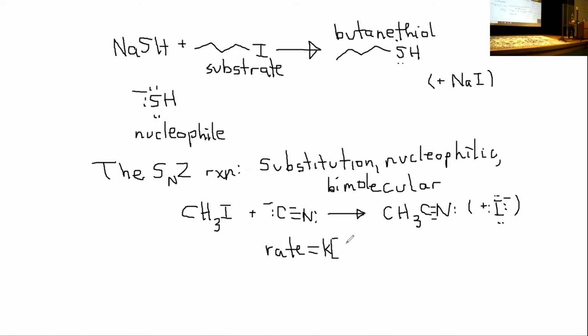It's going to be the rate constant times methyl iodide concentration times cyanide ion concentration. I'm just going to write CN minus here just for simplicity. So both of those species are involved in the rate determining step. That's why they both show up in the rate law.